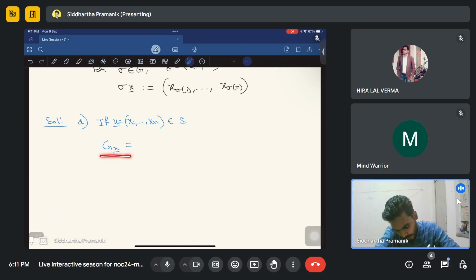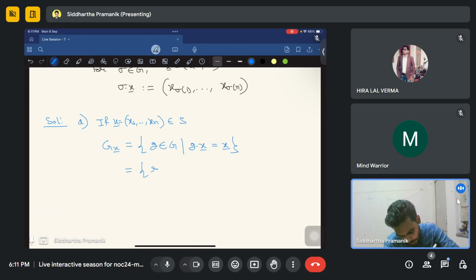By definition it is the set of all elements g of the group G such that g dot x is the same as x. In our case it is r belonging to R star such that r dot (x1, up to xn) is the same as (x1, up to xn).